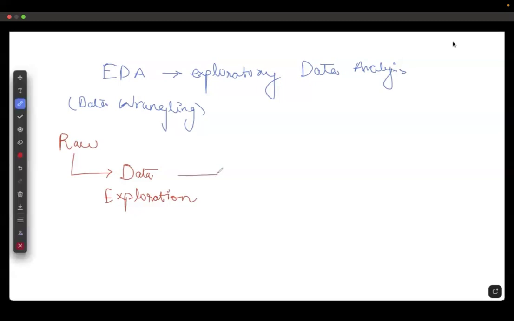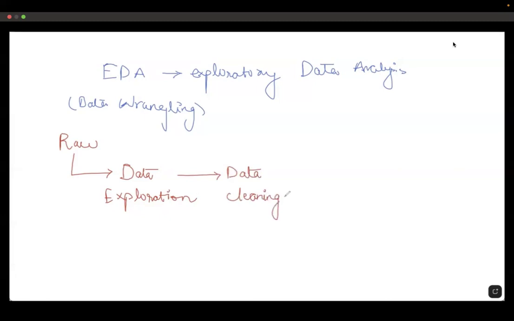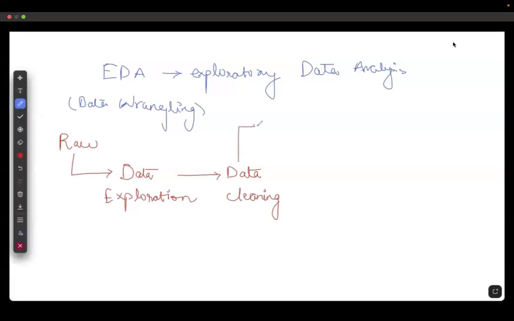Once the data exploration is done, we move towards data cleaning. Okay. Once we understand what is the data, what type it is, we jump into the next part, which is called data cleaning. Now, what is the cleaning of data? We need to understand that raw data might contain duplicate type of entry.